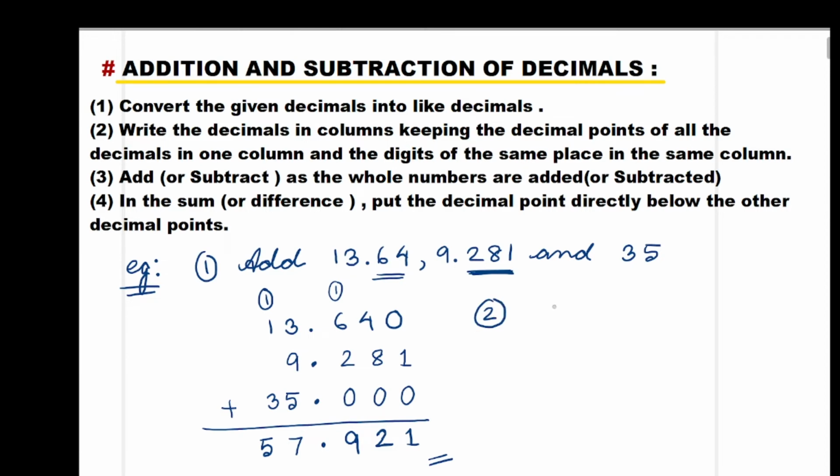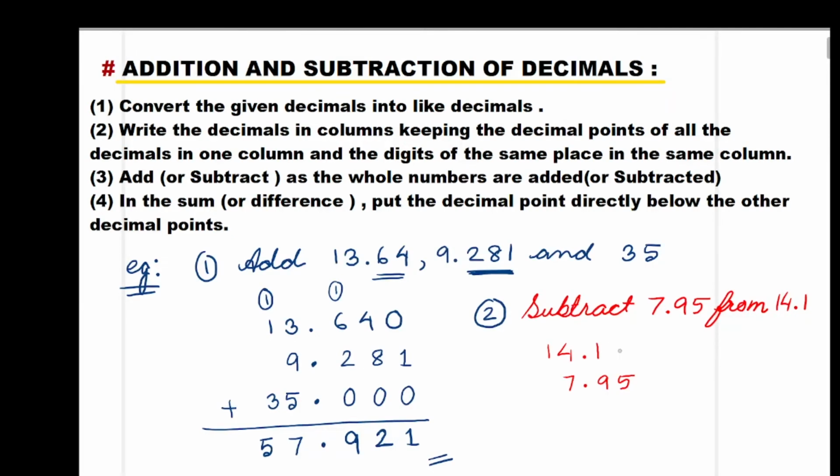subtract 7.95 from 14.1. Okay, so 14.1 then 7.95. Always remember that the point will be on the same line, then there is no sense of making a mistake.